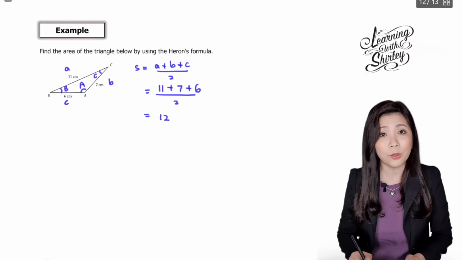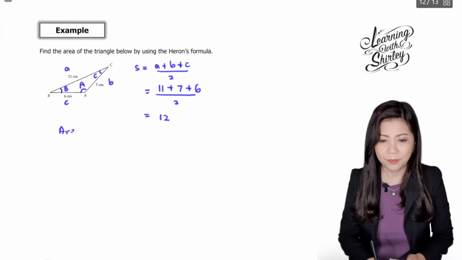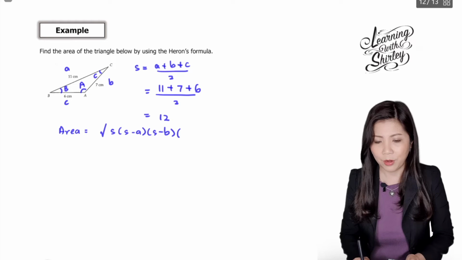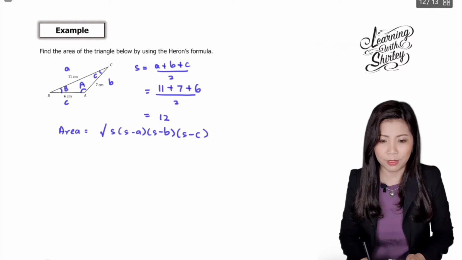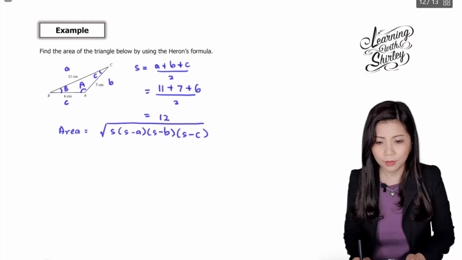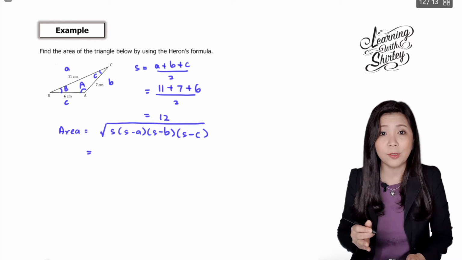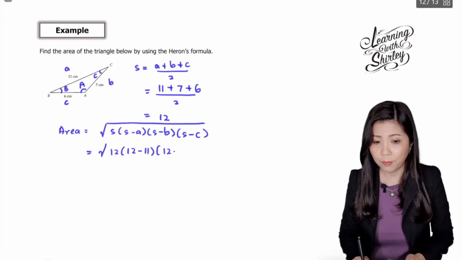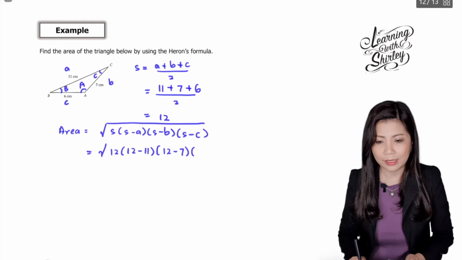Next, we're going to substitute into Heron's formula. Area equals square root of s(s minus a)(s minus b)(s minus c). We write down the formula first. Next, we substitute the values: s is 12, then s minus a is 12 minus 11, s minus b is 12 minus 7, and s minus c is 12 minus 6, and then we square root the whole thing.